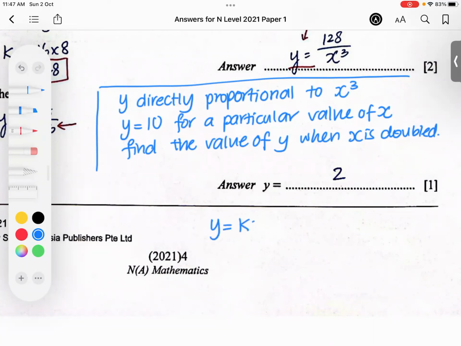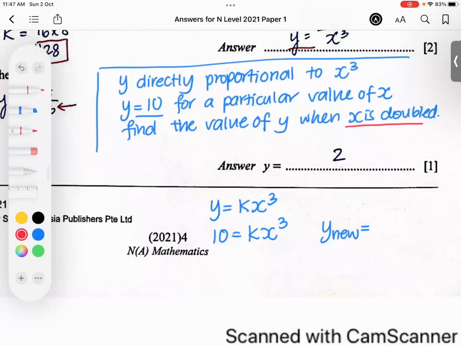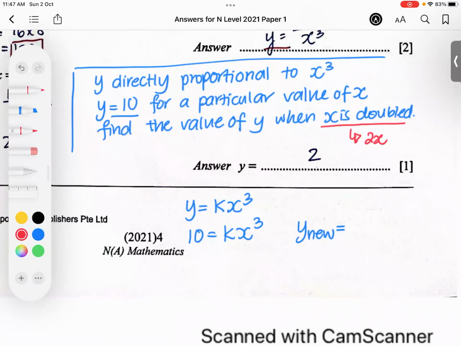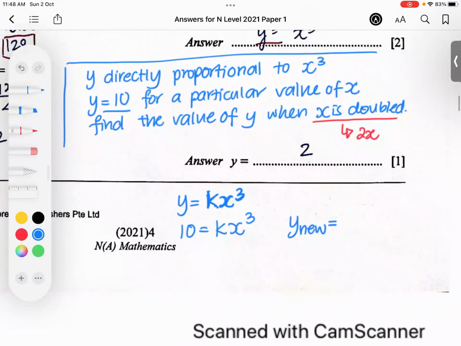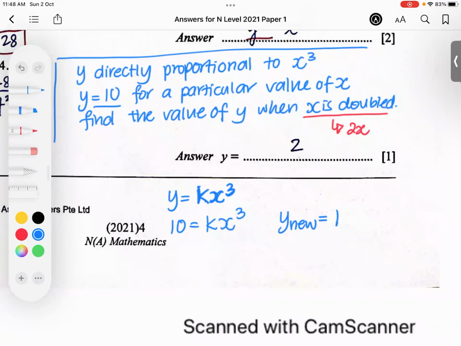So y new value, now what happened? The x is doubled. So instead of x, now it changes to 2x. So y equals what? y equals k times x cubed. So this portion over here, you need to understand it's k times a value of x, whole thing cubed.